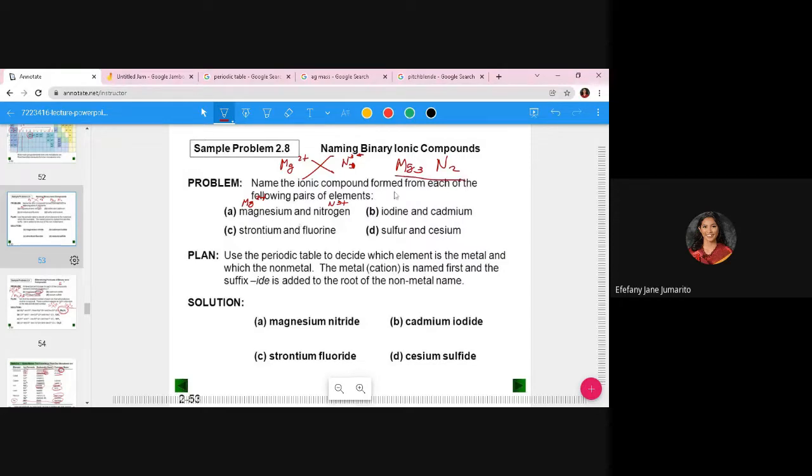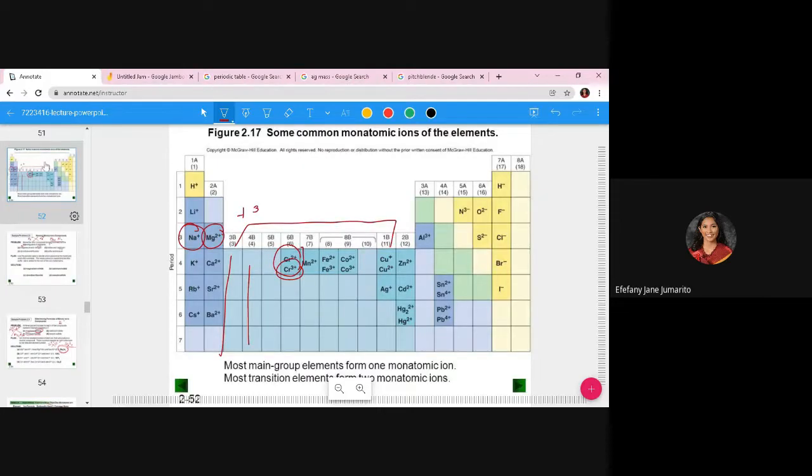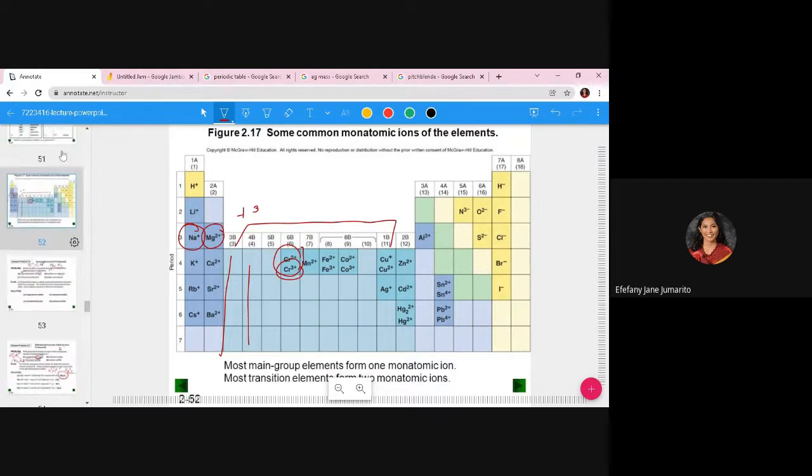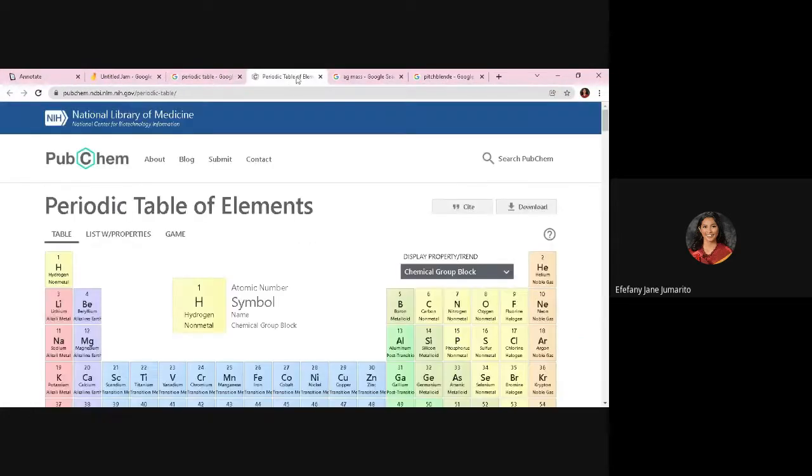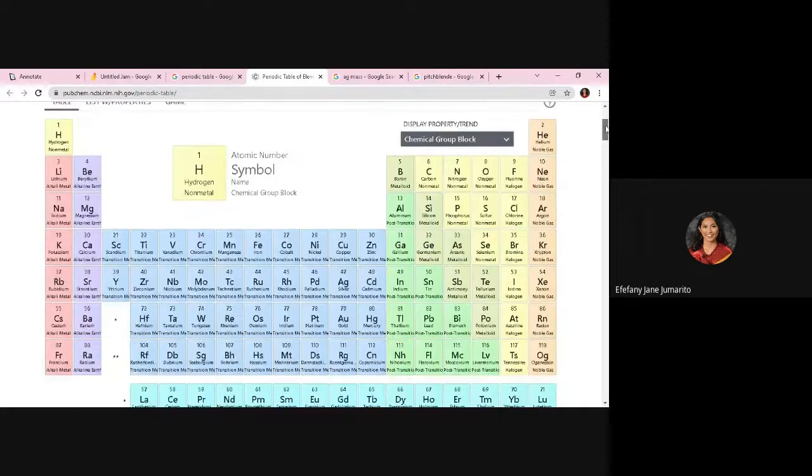Letter B. What is letter B? Iodine and cadmium. Iodine, I minus. Cadmium. What is the charge of cadmium? Positive. Cadmium, atomic number, Cd.